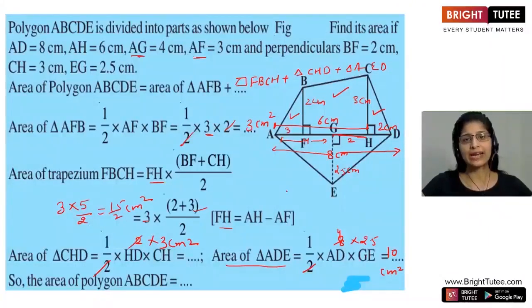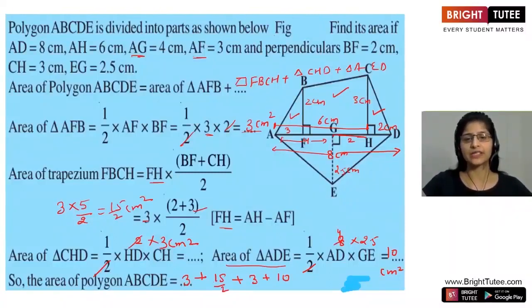So now we have to add them all to find the area. The area of the first triangle is 3. The area of the trapezium is 15 upon 2, that is 3 into the sum of parallel sides, 5, divided by 2. Plus the area of CHD is 3, plus the area of triangle ADE is 10.